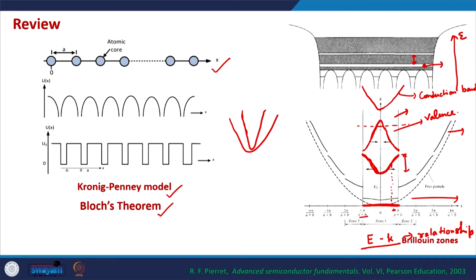solids. After this idea we discussed the idea of effective mass, and the notion of effective mass comes from the fact that the solution of Schrodinger equation is done for a given value of E and we have a certain value of K for which we obtain the wave functions.